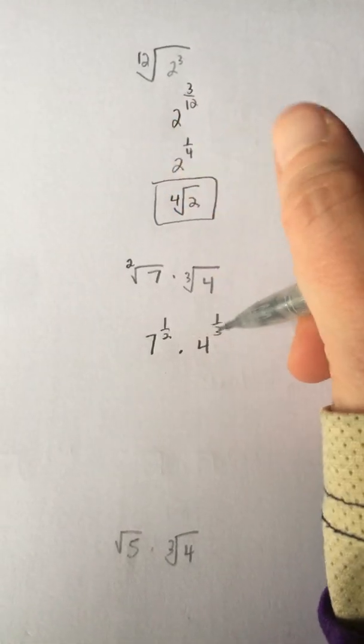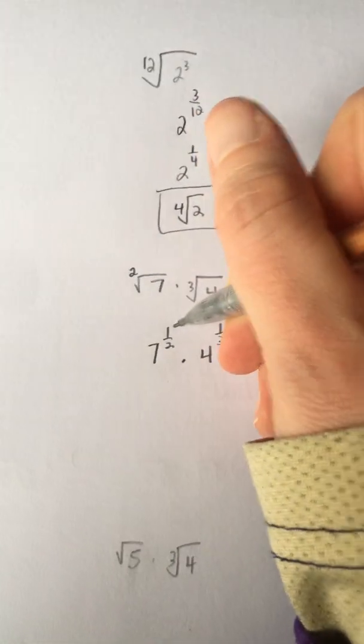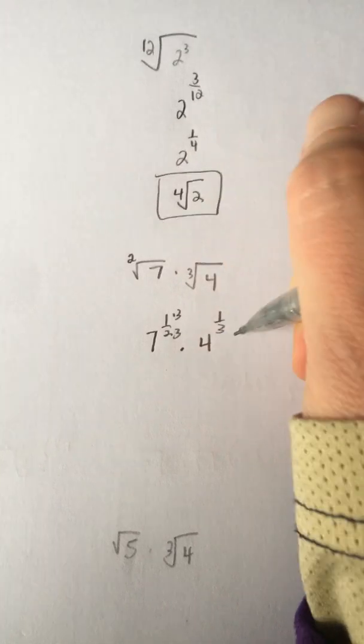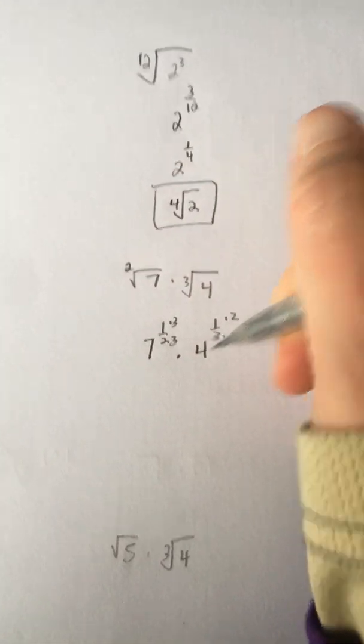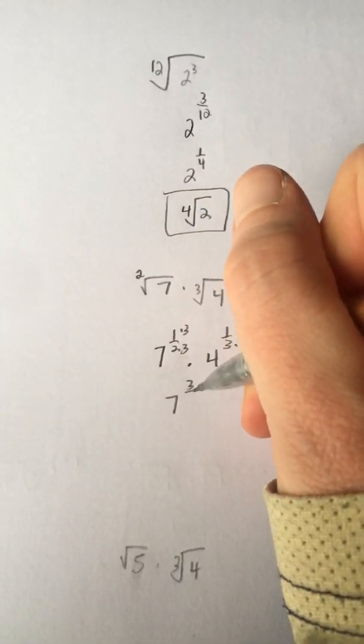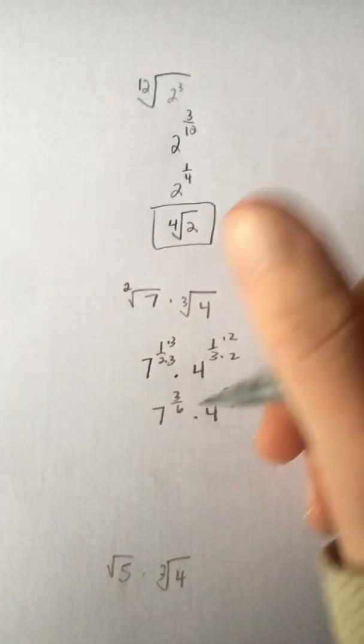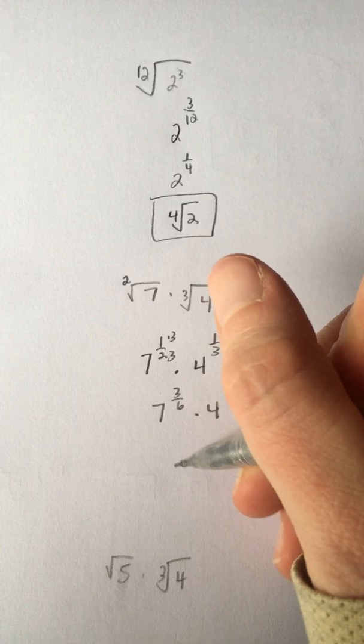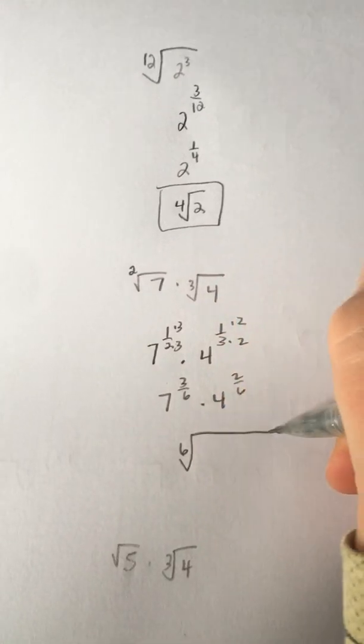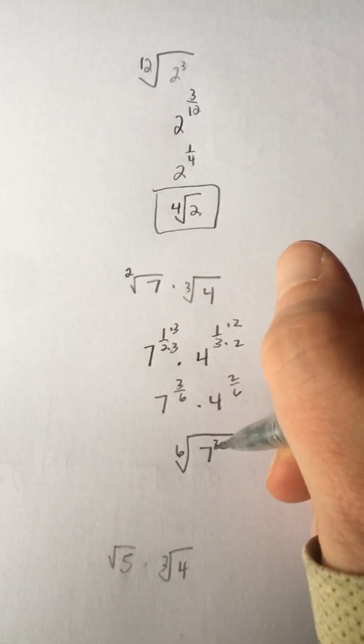They'd have the same root if the bottom numbers were the same. That means I'm going to get a common denominator and have 7 to the 3/6 and 4 to the 2/6. And now I can write these underneath the 6th root. And I get 7 cubed times 4 squared.